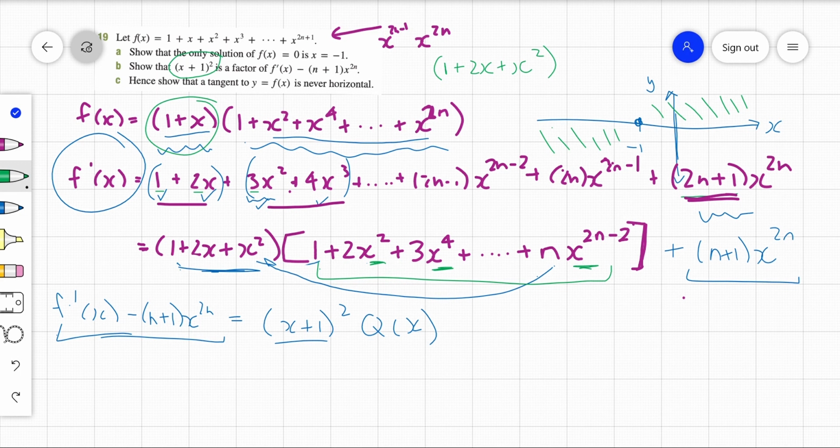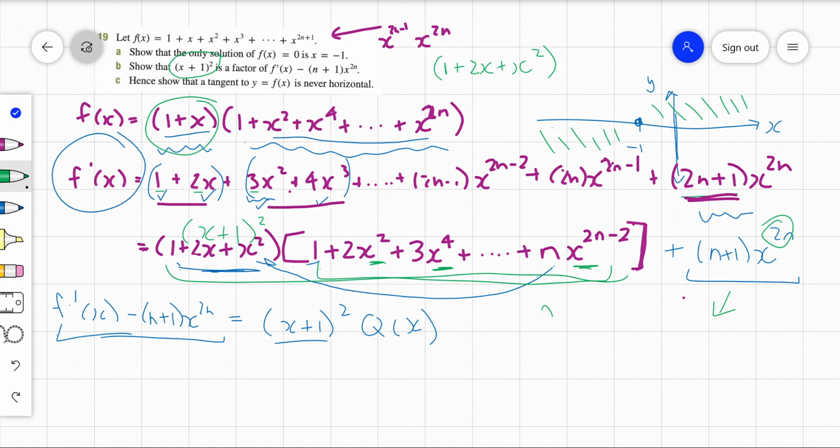Now, thinking about this as x plus 1 all squared, if I put x equals negative 1 in there, that will be 0. Hence this whole term, 0 times something, will be 0. But x equals negative 1 in here does not give me 0. Again, this is a nice positive even power, so I'm going to get a positive answer here.